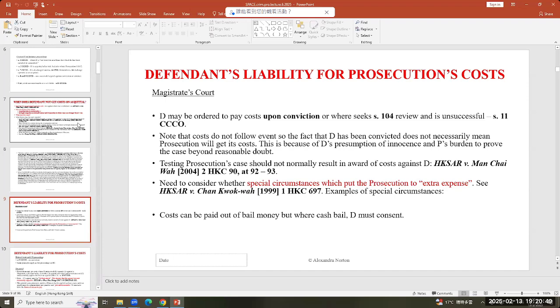Other examples of special circumstances: if the defendant has not complied with the procedural rules, like failing to give notice of an alibi. Remember, he has to give that notice not less than 10 days before the commencement of the trial. If he doesn't do that and then seeks to introduce the alibi evidence, the judge may allow it, but there would inevitably be an adjournment and then cost consequences for the defendant.